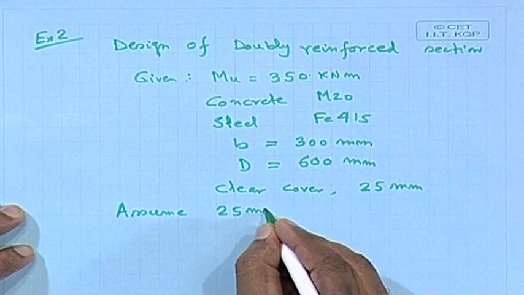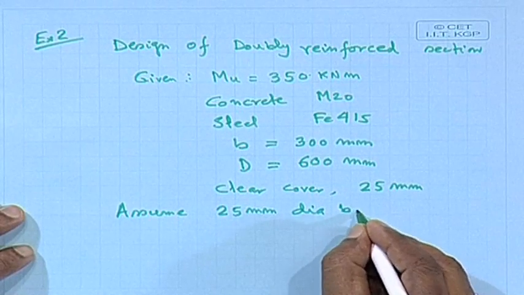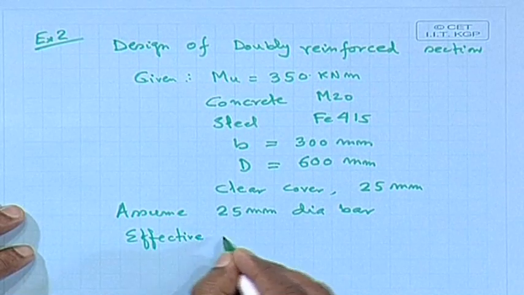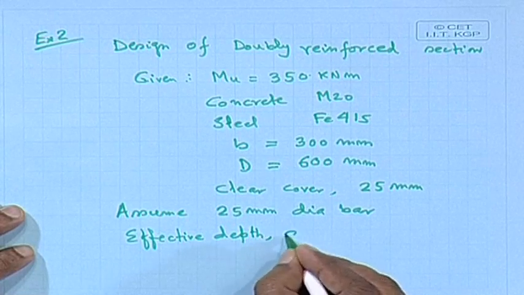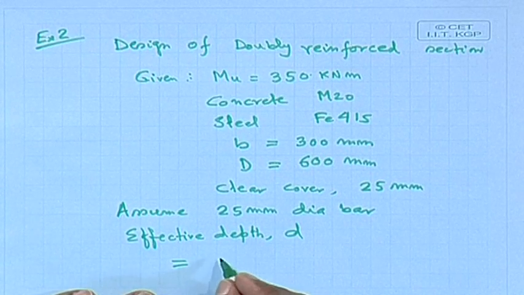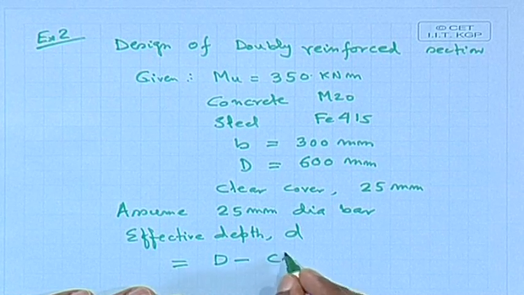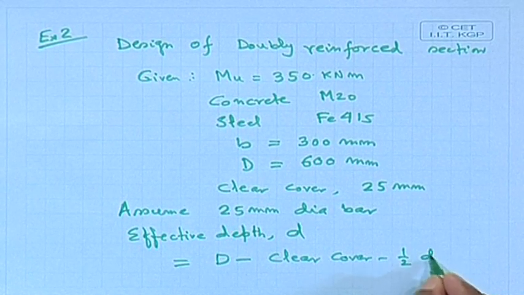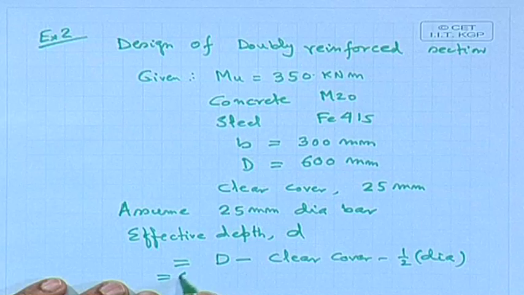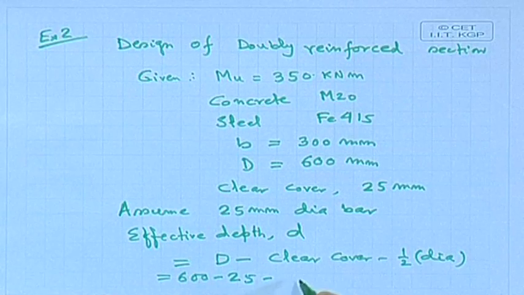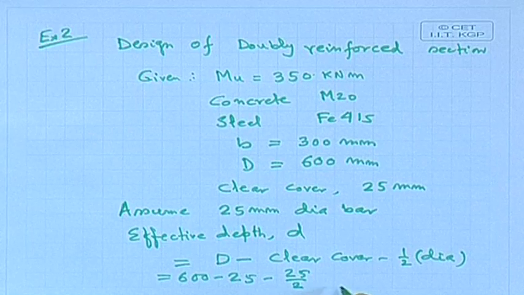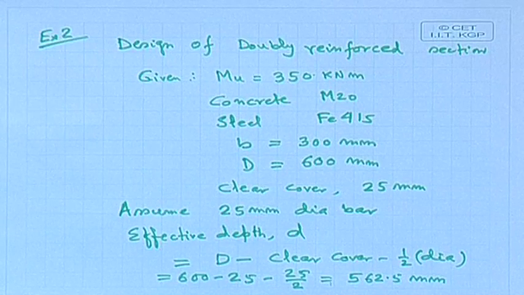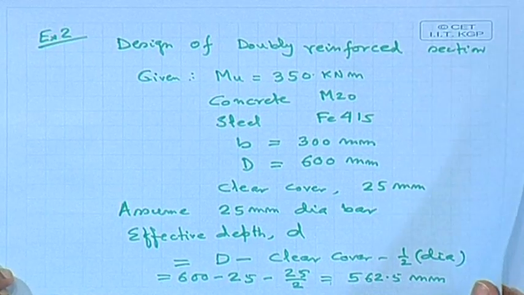So, effective depth d equal to capital D minus clear cover minus half of dia, equals 600 minus 25 minus 25 by 2, which comes as 562.5 millimeter.